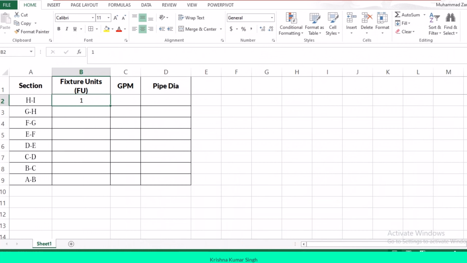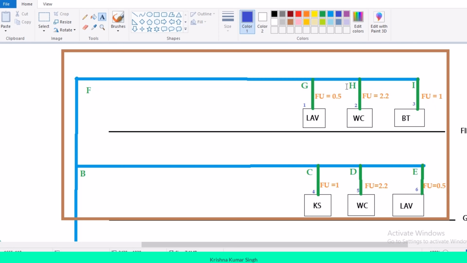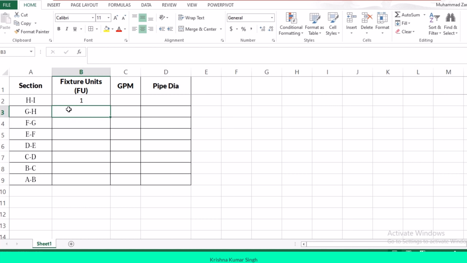Now the next section is G to H. GH will supply this fixture and this fixture as well. This fixture consumes 2.2 fixture units and the other 1, so this must have the summation of these two fixture unit values. This GH pipe is basically feeding 2.2 plus 1, 3.2 fixture unit value. So I will write 3.2.